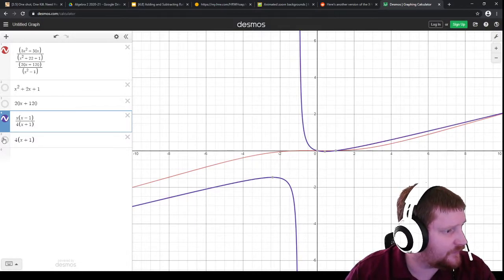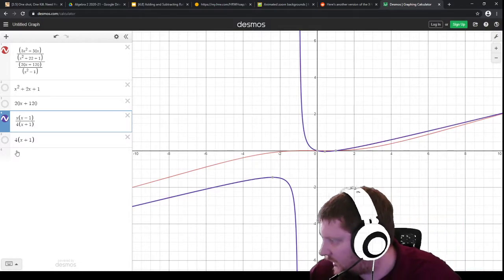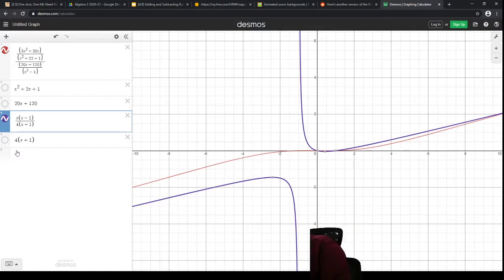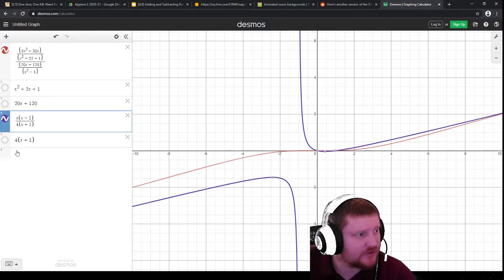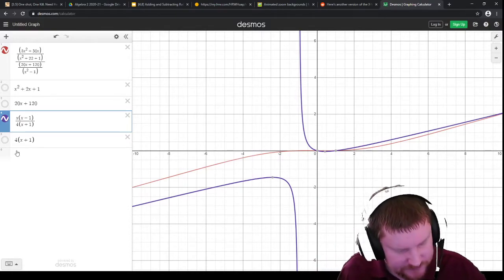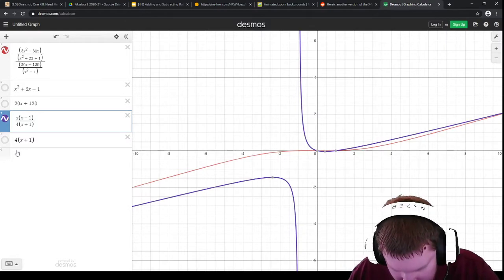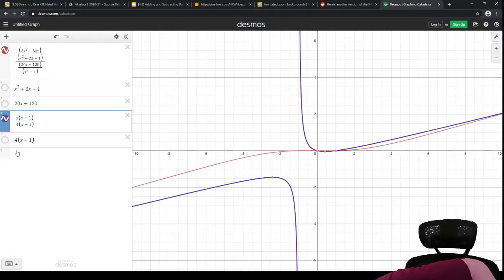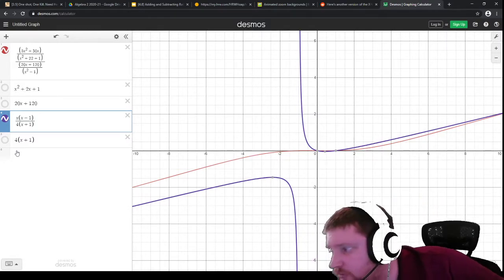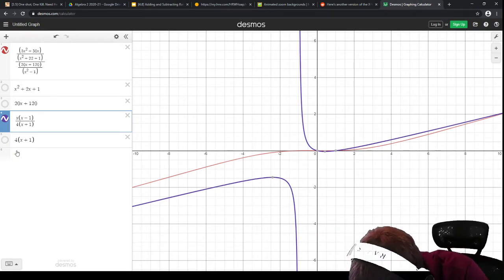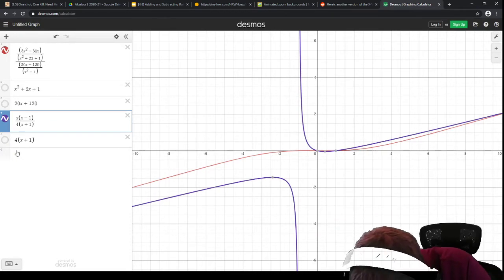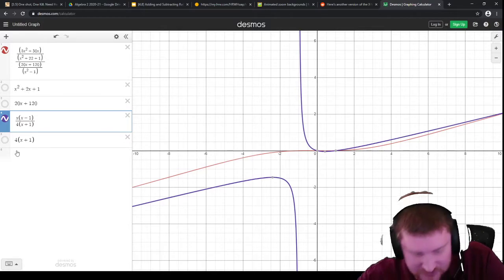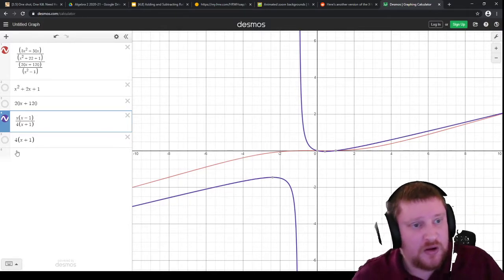I have done my division wrong, apparently. So let's see if we can figure out what I did here. These two things are not equivalent. So since they're not the same and the graphs don't look the same, I've actually done my division wrong.